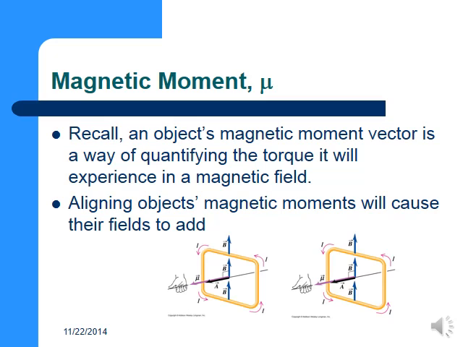Notice that if we were to align two objects that are flowing current so that their magnetic moments are aligned, also their magnetic fields would be aligned. Because if you place your thumb in the direction of current, field lines trace circular patterns around the wire. So these two objects shown, their magnetic moments are aligned and their magnetic fields are aligned.